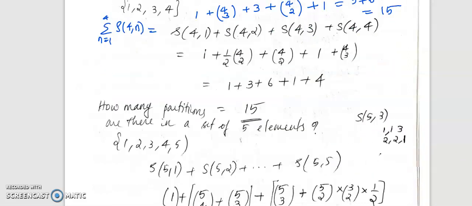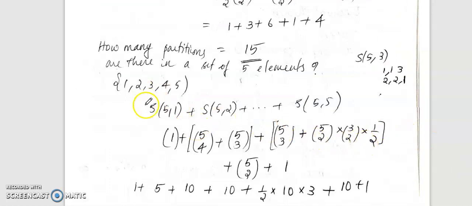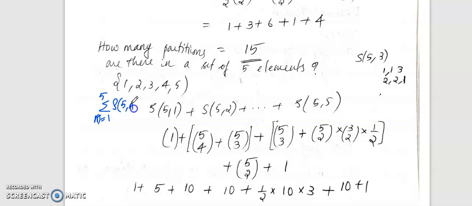Now, if you come to a 5 element set, the summation n equal to 1 to 5 of S(5,n). So you will have S(5,1) plus S(5,2) plus etc. up to S(5,5).